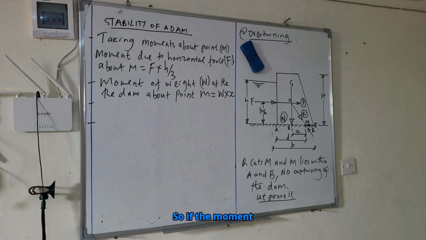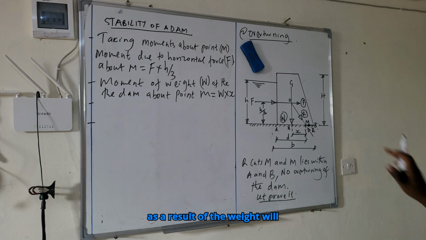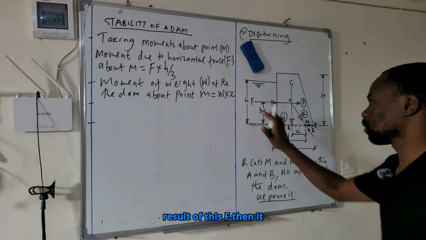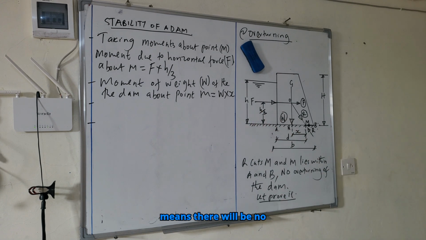So if the moment as a result of the weight is more than the moment as a result of this F, then it means there will be no overturning of the dam.